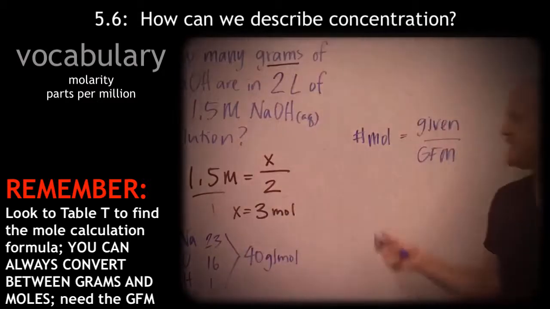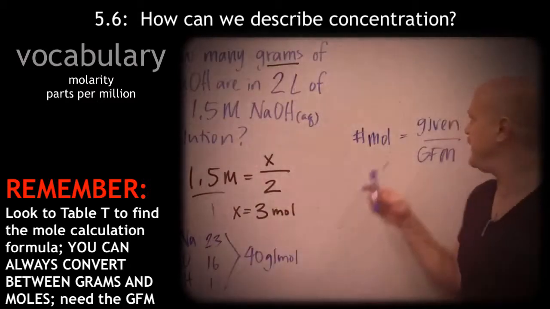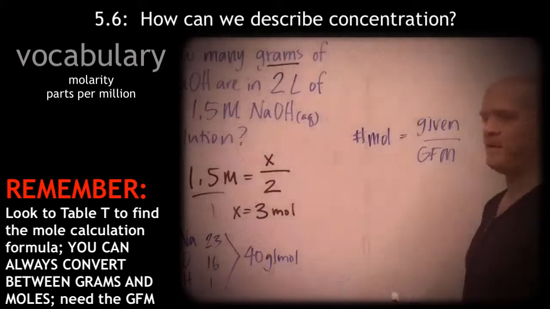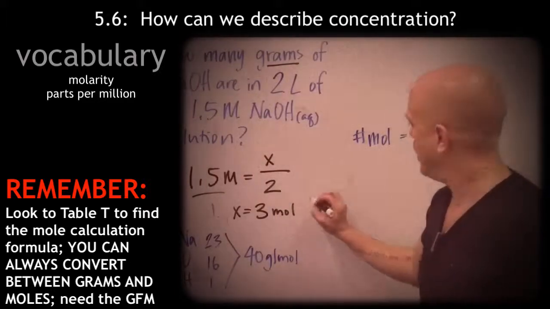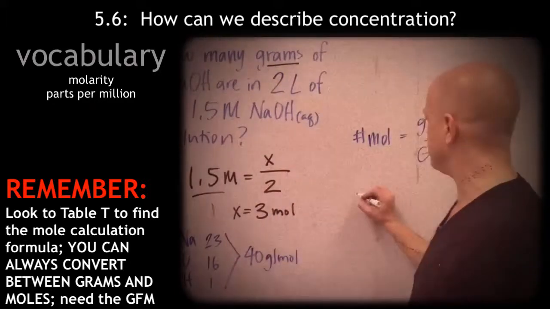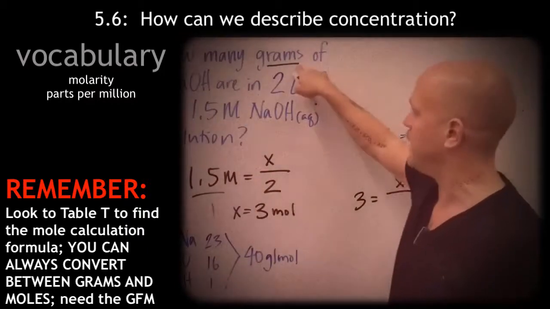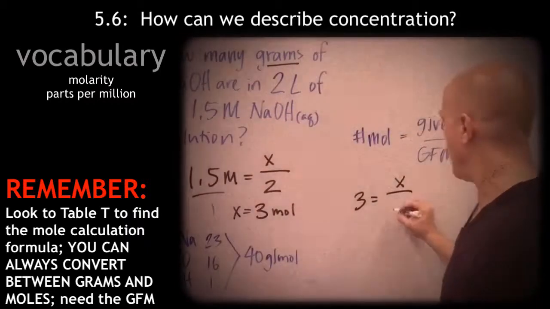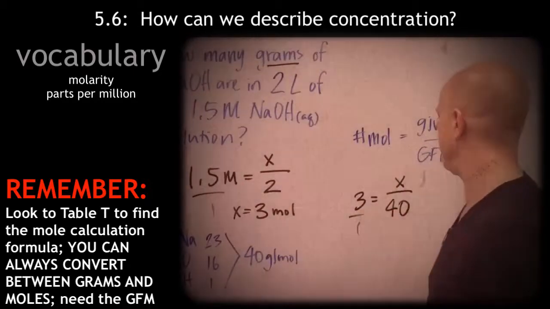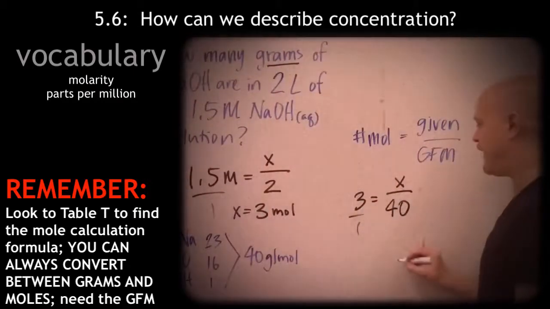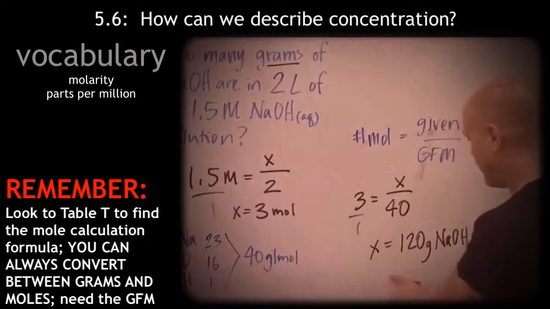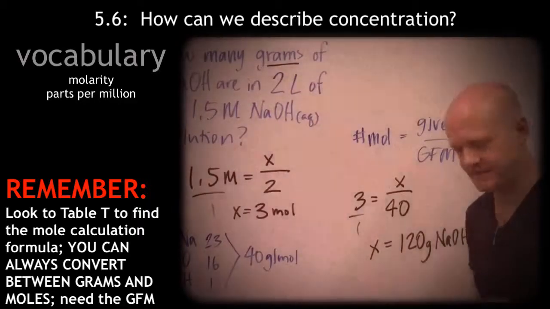All right, what I'm going to do is take my number of moles equals my given mass over my gram formula mass. So my number of moles is 3 moles equals my given mass is X, because that's what I'm looking for in the original problem, over 40. So cross multiply and divide. X equals 120 grams of sodium hydroxide.